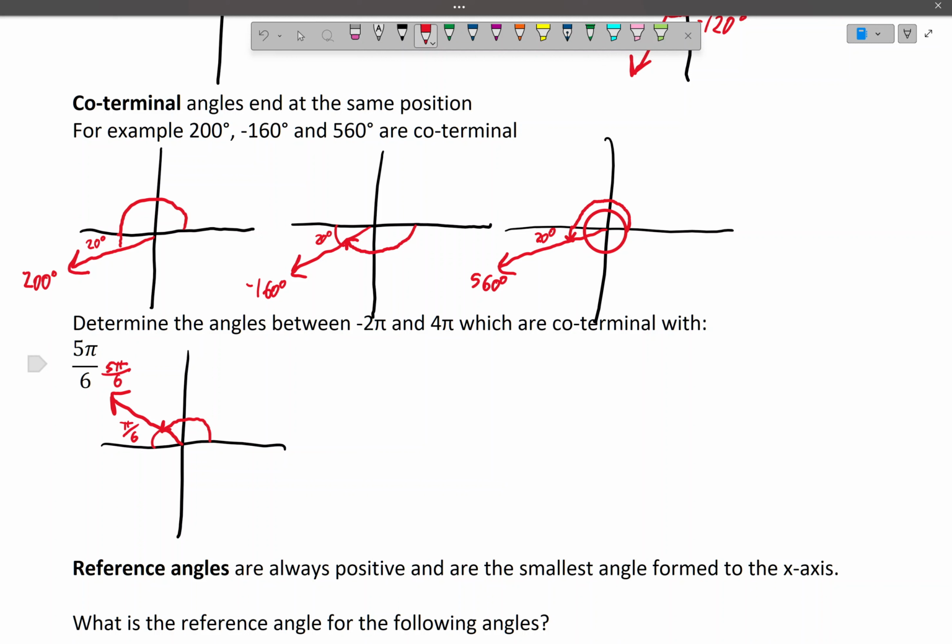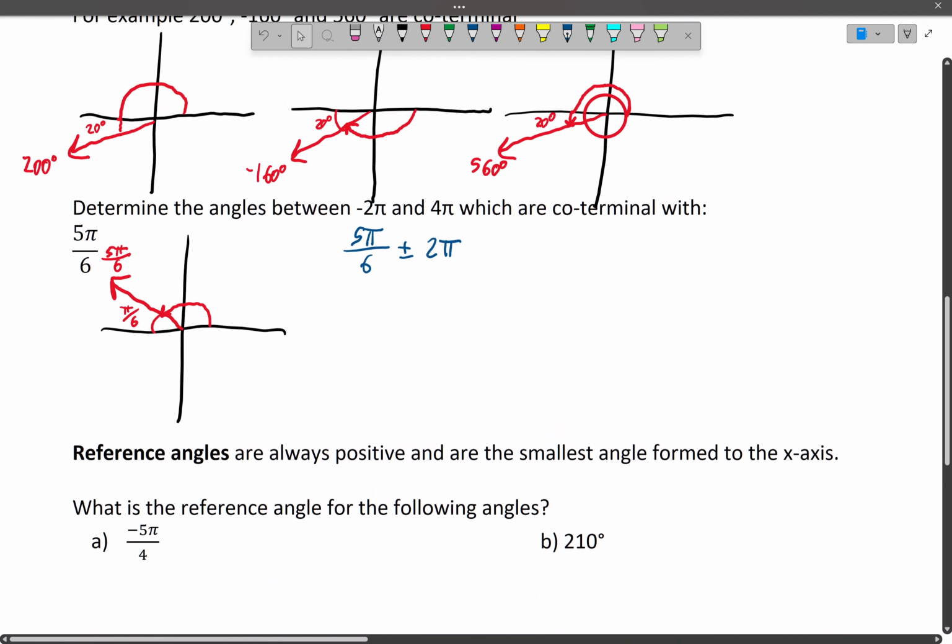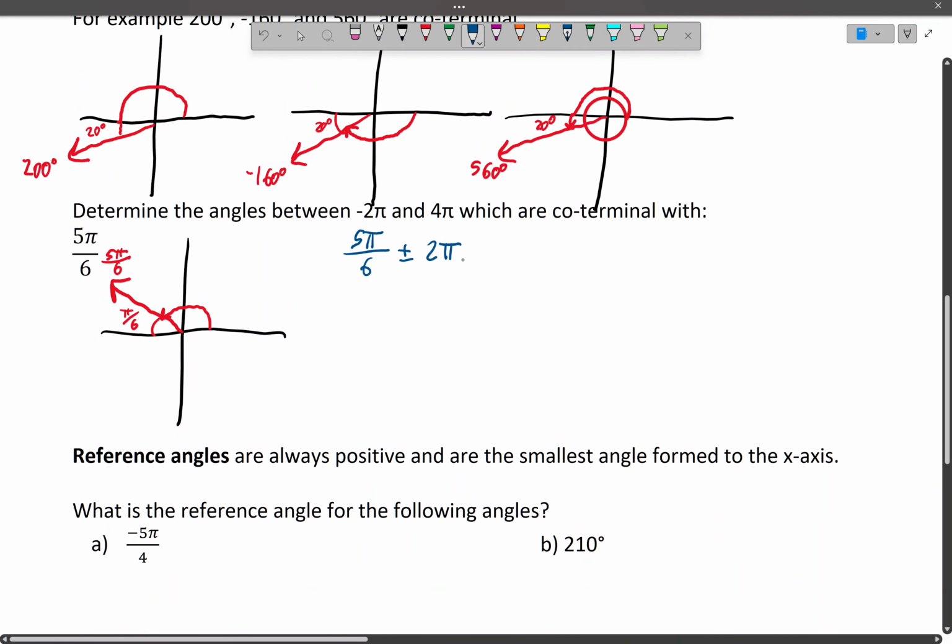Okay, so that's great and interesting. But to find the coterminal angles, what we're going to do is take that number and add or subtract 2 pi. Now, this is kind of the general solution, where we can add or subtract 2 pi, and we're going to put an n here, where n is an integer.